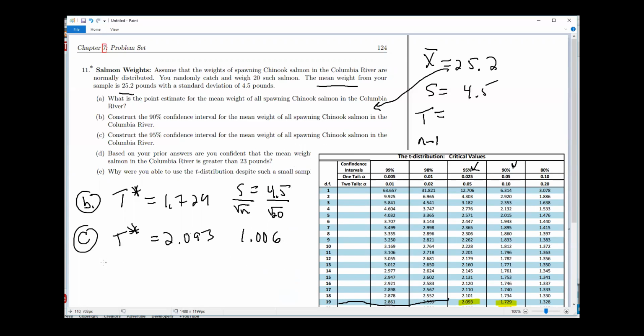Now to get my margin of error for part B, I'm just going to take the 1.729 and multiply that by the 1.006. That gives me a margin of error of 1.74.